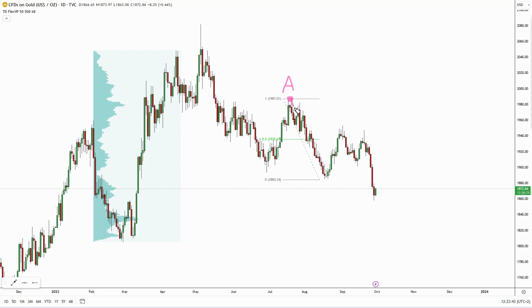Then the price goes down to swing point B, then it goes up to swing point C, which needs to be above the 50% mark between A and B. If you look at this Fibo, you can see that the 50% mark is in here, and C is above it, which is fine.